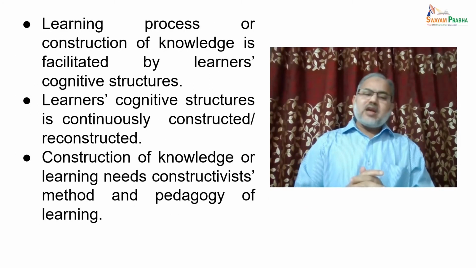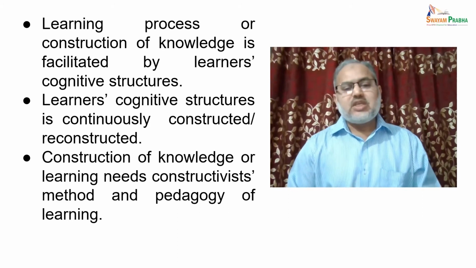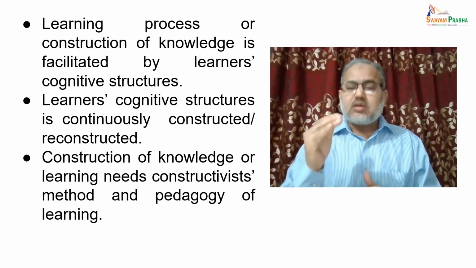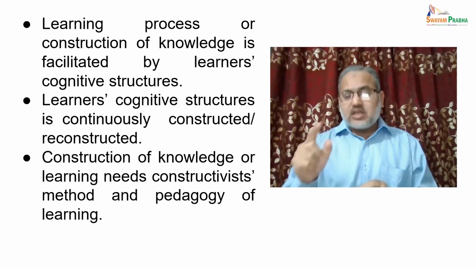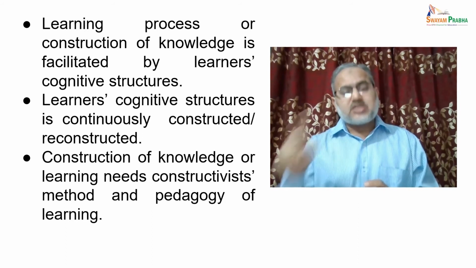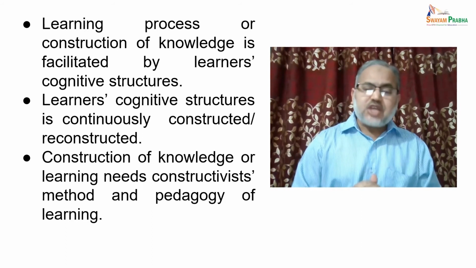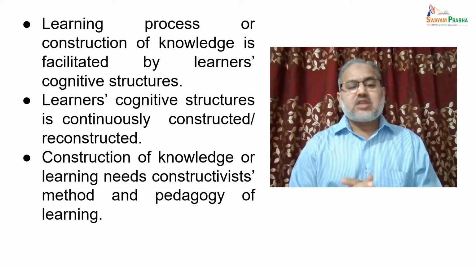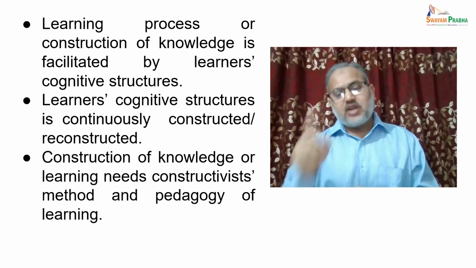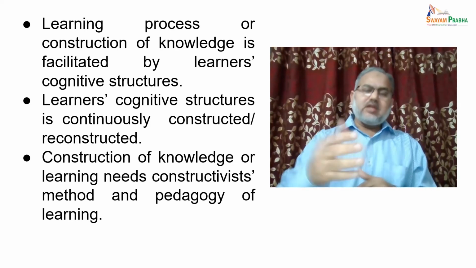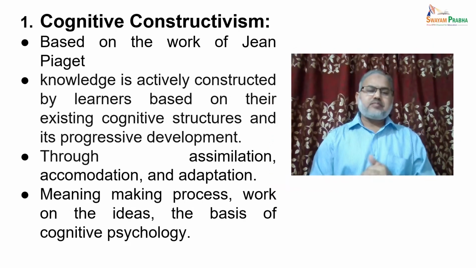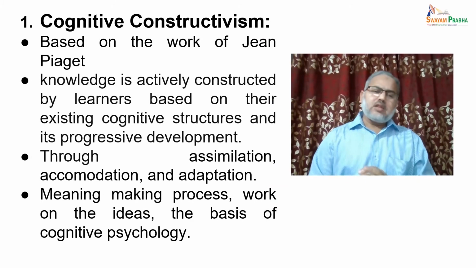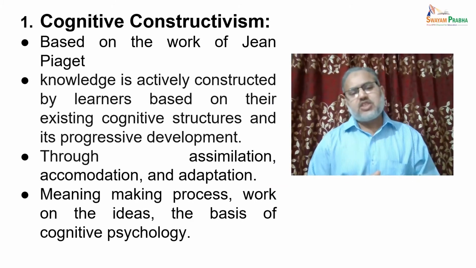Third one is learning process or construction of knowledge is facilitated by learners' cognitive structures. Fourth one is learners' cognitive structure is continuously constructed and reconstructed. And the last one is construction of knowledge or learning needs constructivist method and pedagogy of learning, which we will take up later during this presentation.